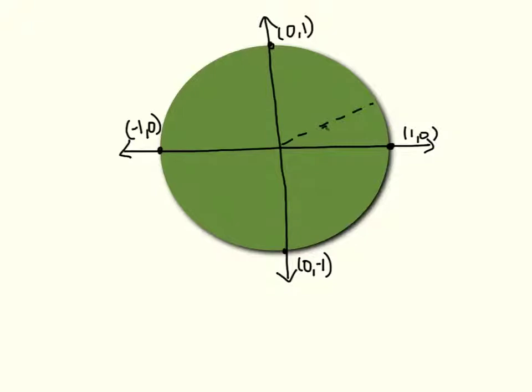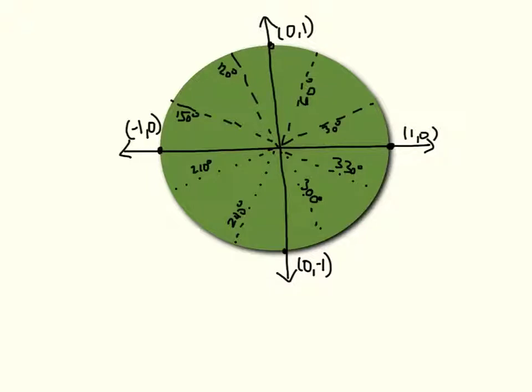Here I've gone 30 degrees, 60, the y-axis is 90, so I go another 30, and I've gone 120 degrees, 150 degrees, another 30 gives me the 180, go another 30, I'm going 210 degrees, 240 degrees, the y-axis is 270, add 30, so 300 degrees, and 330 degrees.